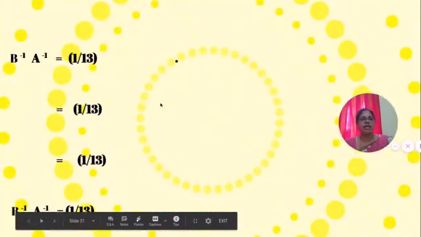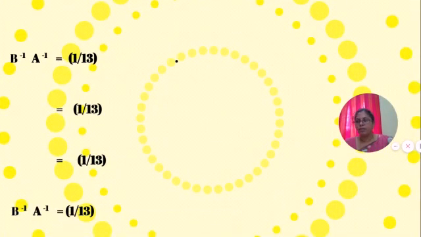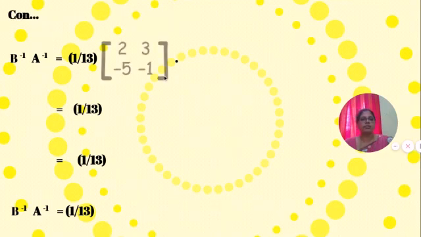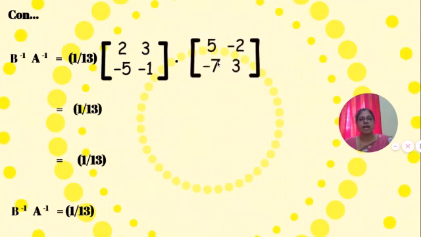Now we have to find B inverse into A inverse. The constant 1 by 13 we are taking as common, and then I am writing the matrix B first, [[2, 3], [-5, -1]], and my matrix A inverse, that is [[5, -2], [-7, 3]].